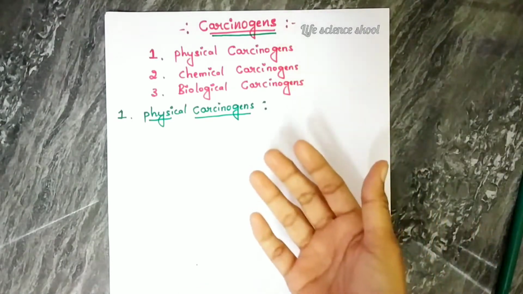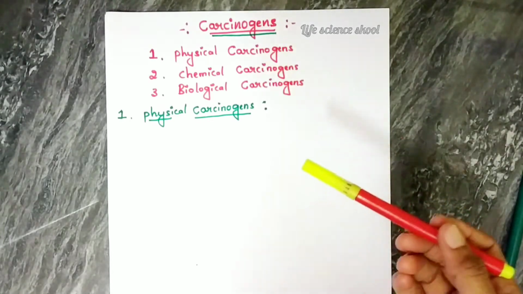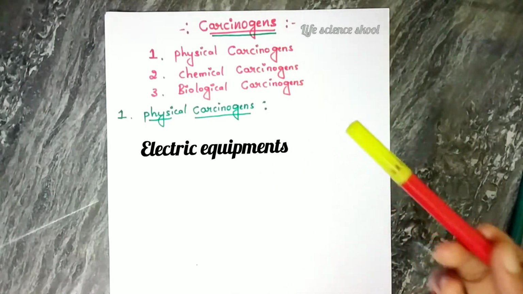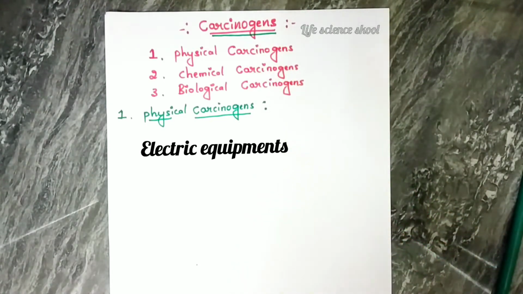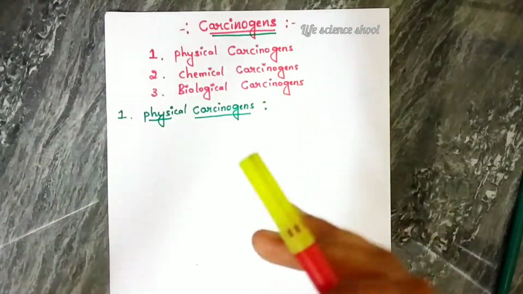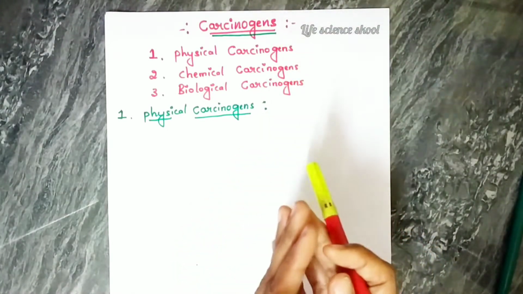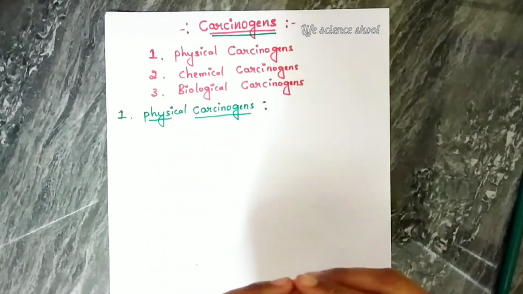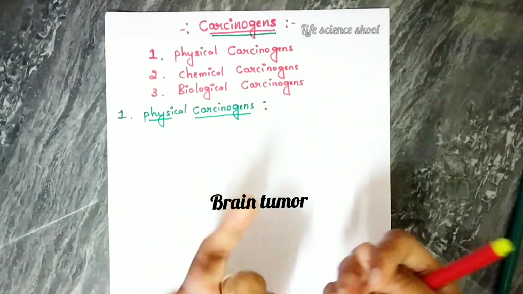I can mention some more physical carcinogens: electric equipment including hair dryers, TVs, computers, electronic shavers, etc. These actually emit around 30 to 100 times greater radiation than the permissible limit. So prolonged exposure to these radiations can cause cancers like leukemia, brain tumor, etc.